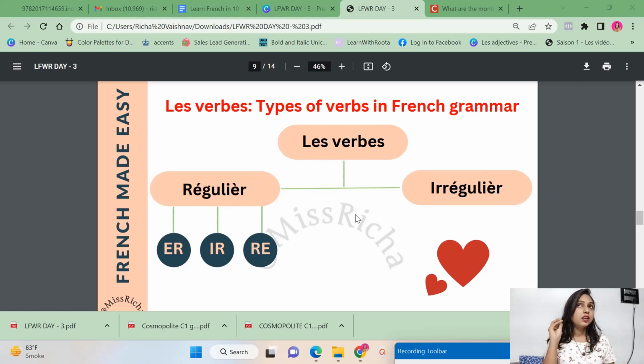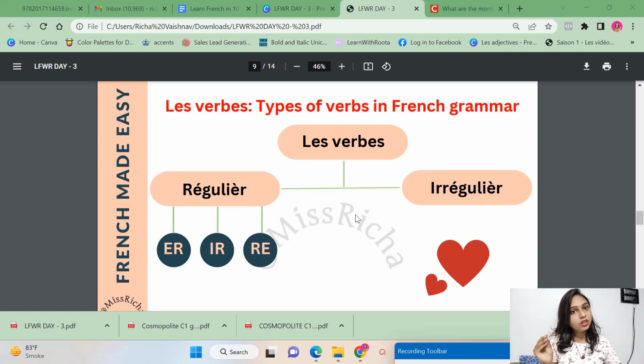Okay. Under regular verbs, you have further three more categories, that is you have regular ER verbs, you have regular IR verbs, and you have regular RE verbs. Alright. Now what do I mean by regular and irregular? Regular verbs are these verbs which will follow specific endings. It will follow a specific rule, irrespective of the verb it is.